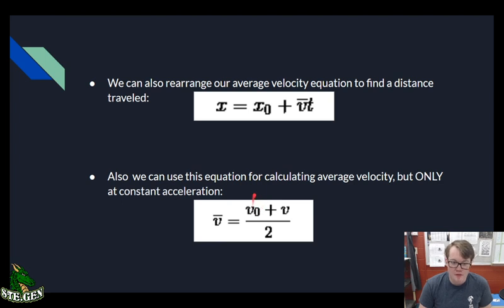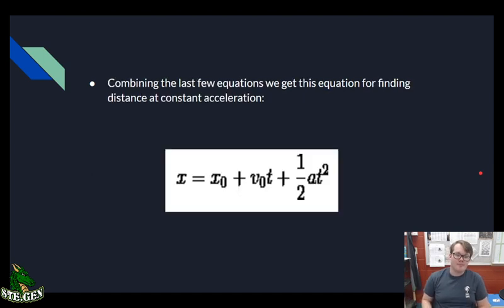If it's 35 and 40, you add them together, 75 divided by 2, what's that, 37.5? Yeah, I think I did that math correct. But again, it only works if it's a constant acceleration. It's the only time that you can do it.